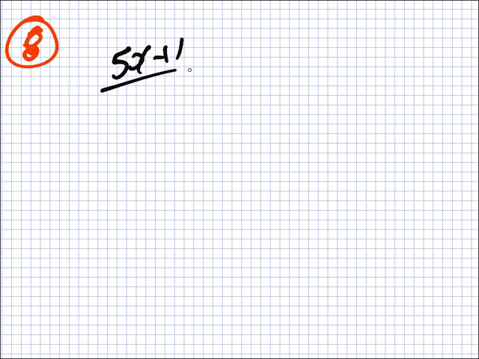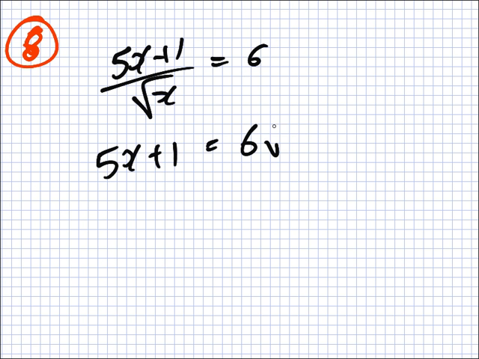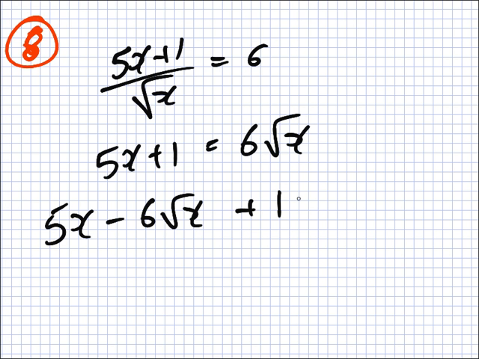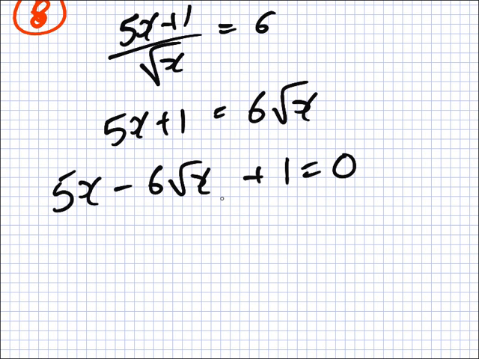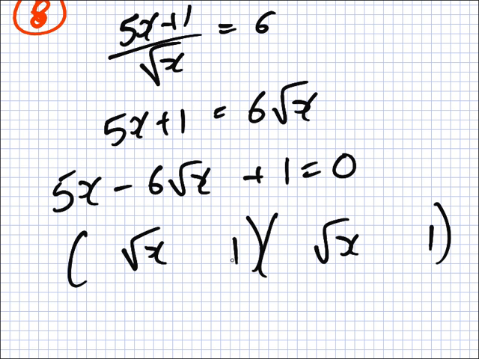5x plus 1 over root x equals 6. That's 5x plus 1 equals 6 root x. That's 5x minus 6 root x plus 1 equals 0. It's actually a quadratic, with root x and root x. 1 and 1, 5 and 1, and I need a minus and minus.